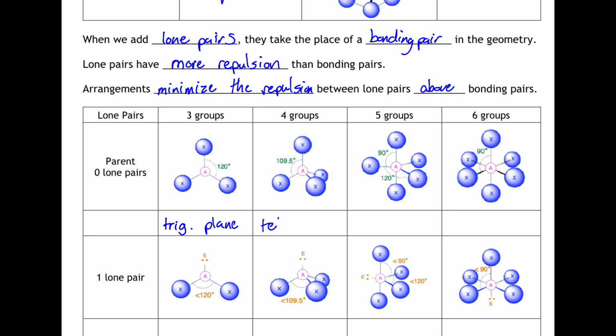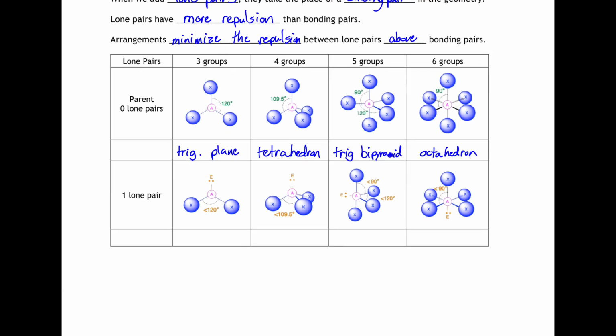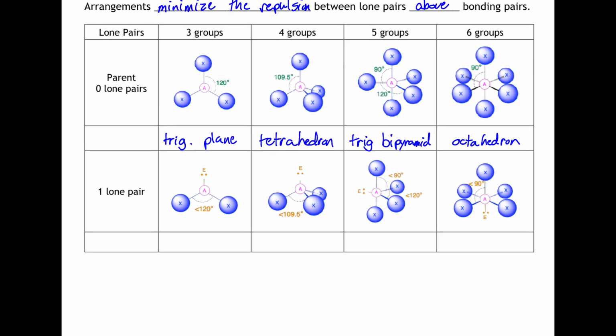This is a tetrahedron. This is a trigonal bipyramid. And octahedron. Okay, so those are just our starting points there. Let me shrink this up so it all fits nicely on the screen.